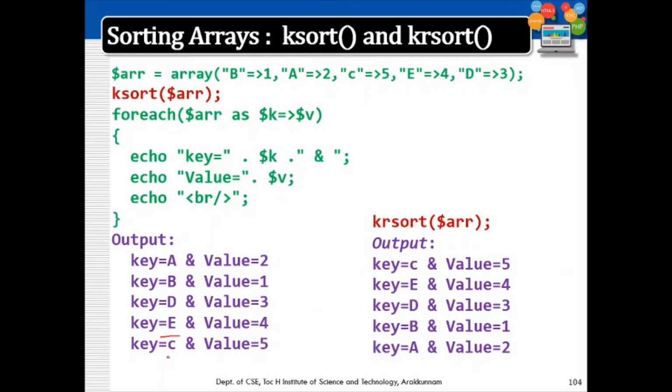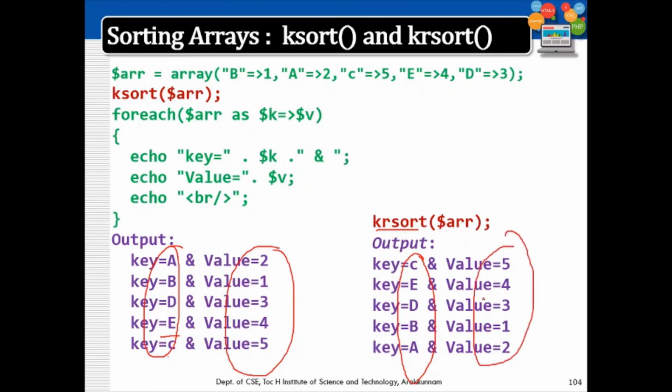So small c will be different from capital C. So this is the sorting based on keys, and these are the corresponding values. Similarly, krsort does the reverse operation. These are the keys in reverse order, and these are the corresponding values. Here no change is done to the key or values. That is how sorting works in arrays.